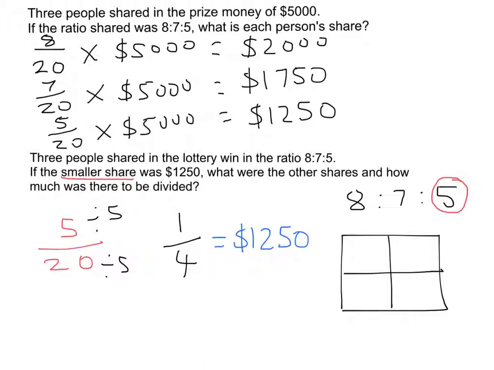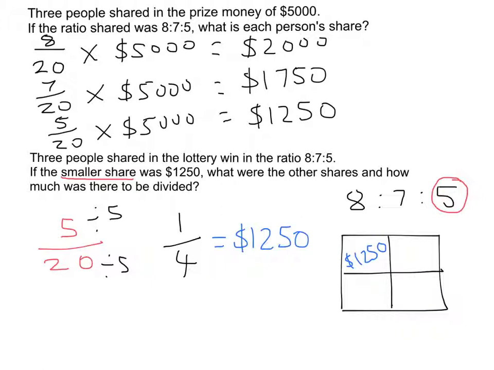The smallest share is a smaller number, so it's the number 5. This as a fraction is 5/20. We simplify this, we get 1/4. So 1/4 is representing 1250. So what we could do therefore is, instead of shading a square, let's instead write down 1250 in the square here.